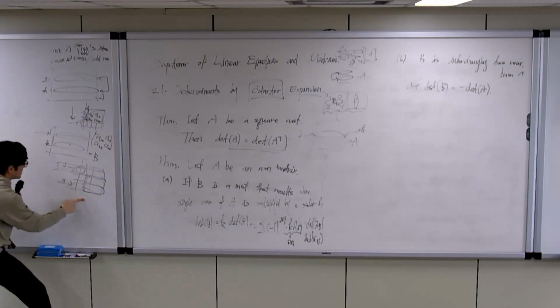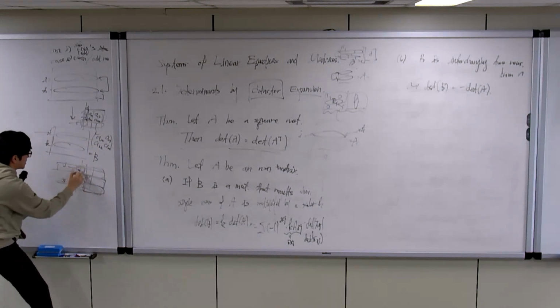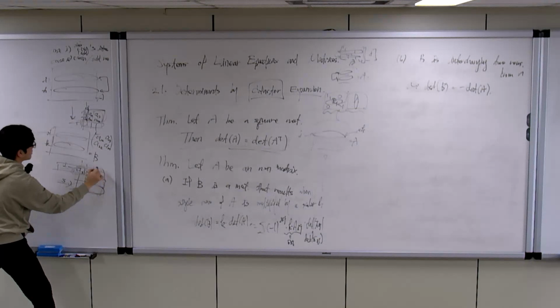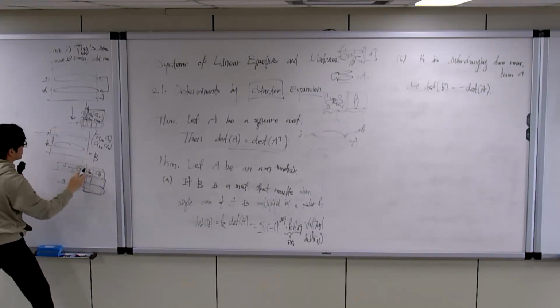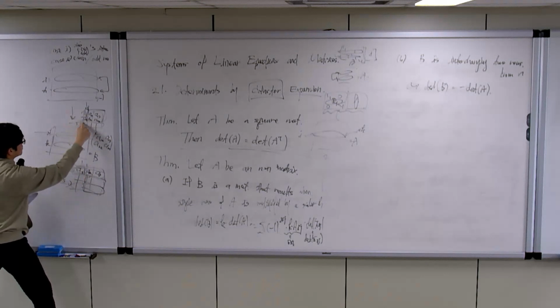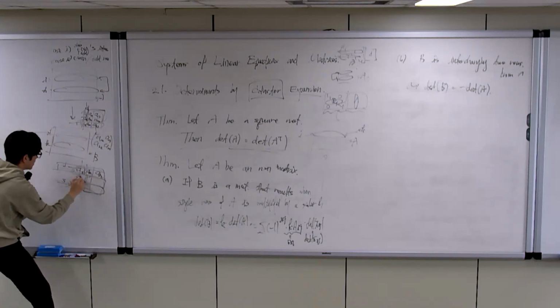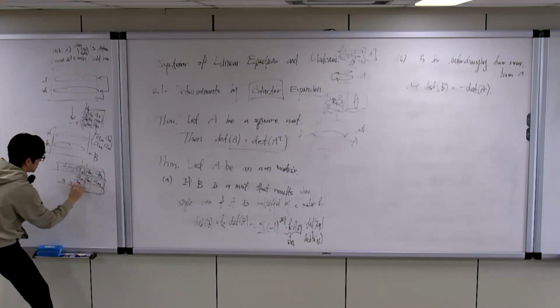However, in B the rows are 3 1, 3 2, 3 3, then 2 1, 2 2, 2 3, then 1 1, 1 2, 1 3.